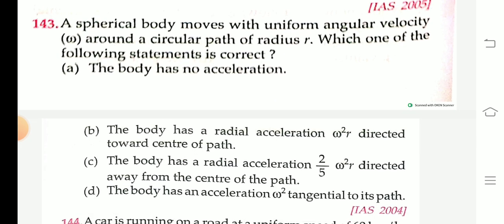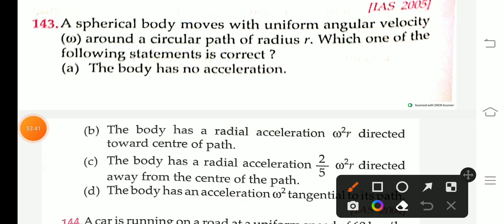A spherical body moves with uniform angular velocity omega around a circular path of radius r. Which one of the following statements is correct? The body has no acceleration.